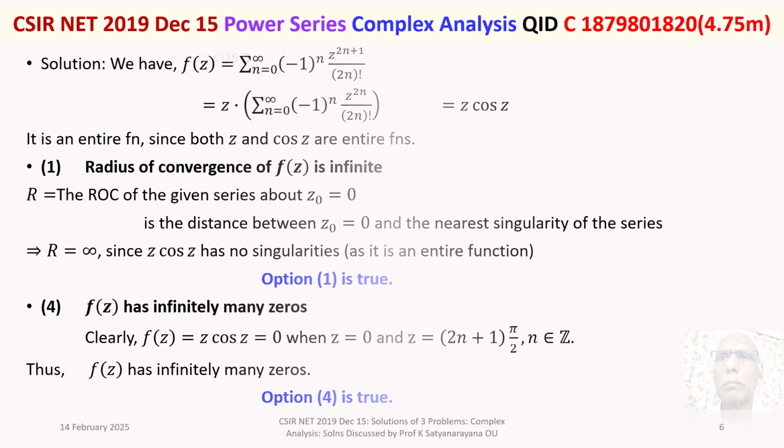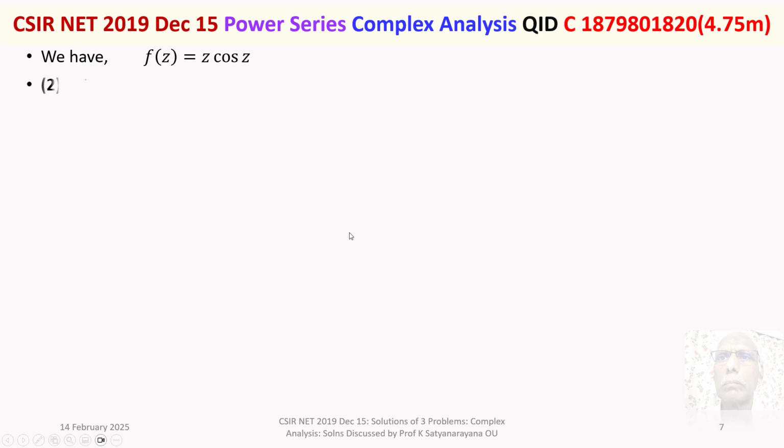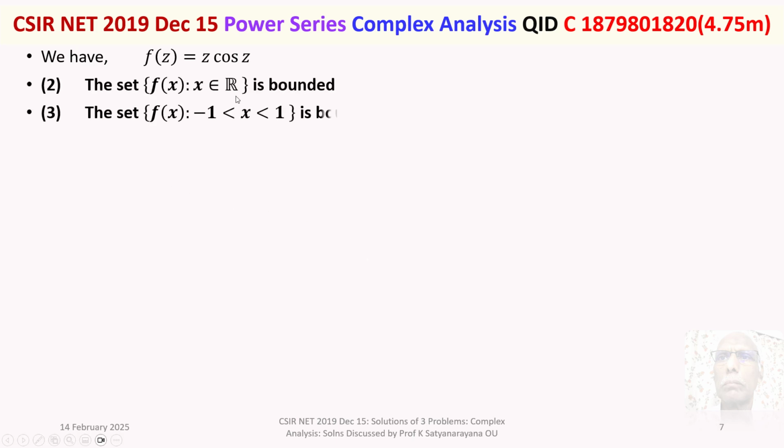Move to the next slide. Option 2, the set consisting of f of x, x belongs to R is bounded. And option 3, the set consisting of f of x where -1 < x < 1 is bounded. Now, the set of all f of x, x belongs to R is equal to the set of all x cos x, x belongs to R. Is it bounded? That is the question.